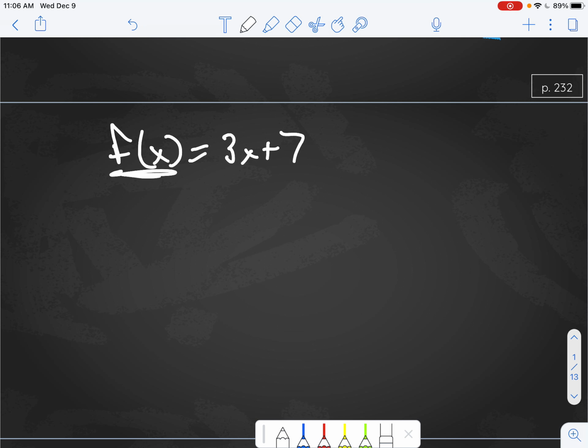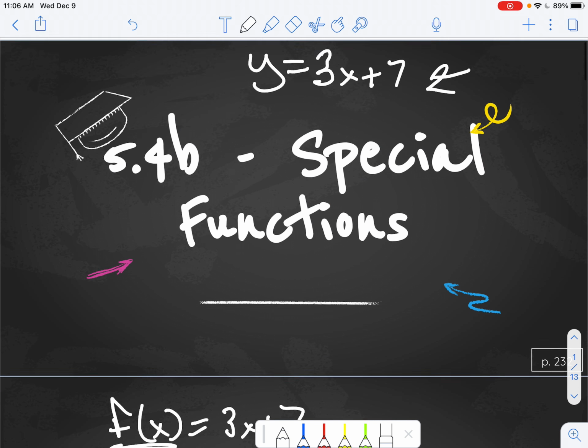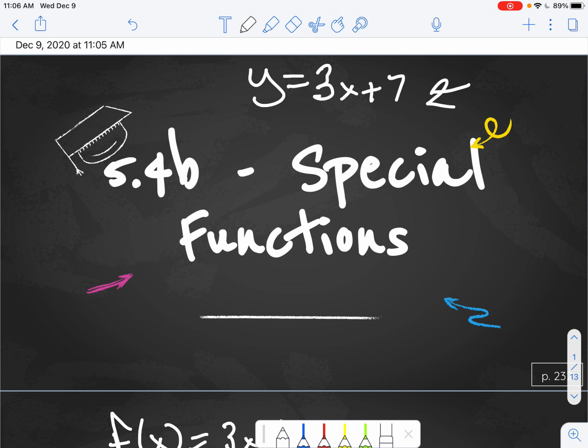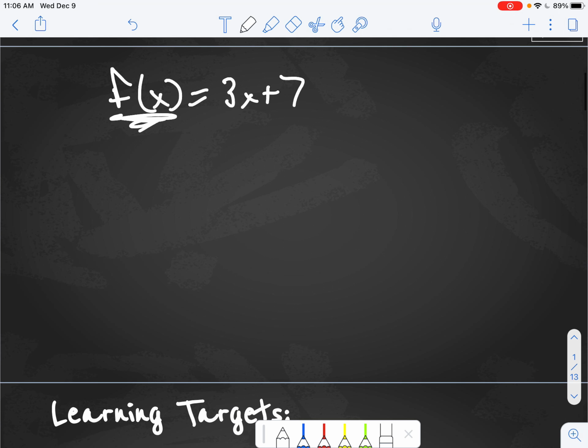Now we're going to put this f of x form, this function notation, on hold for just a second, and we are going to look at what in this section we just call special functions.